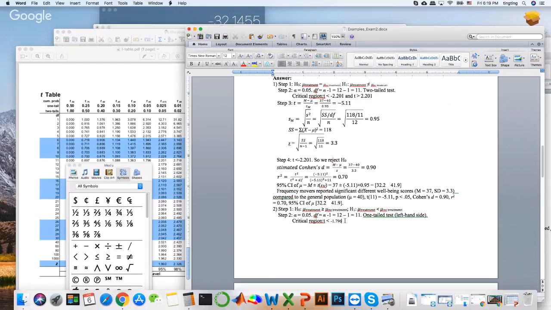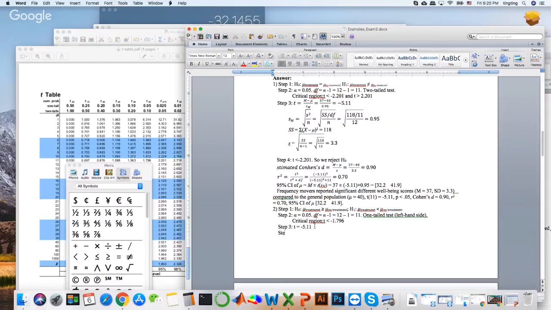Okay, and then step 4, we don't need to do any computation. We just copy and paste what we have here. T equals negative 0.11. Because the T value will not be changed by your question.